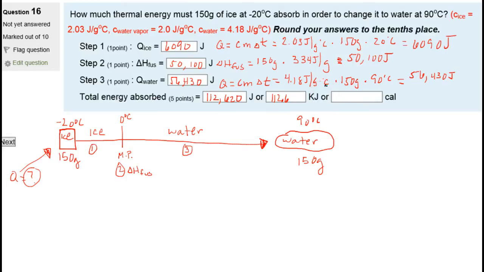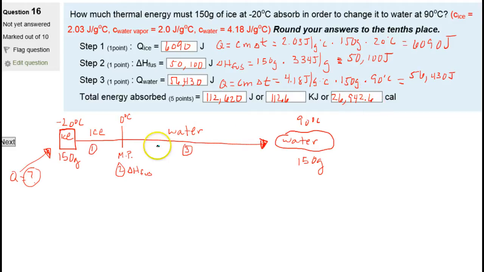And last but not least, if I want to figure out how many calories this is, I simply take the joules and divide it by 4.18, and I will end up with my answer. Looks like it's about 26,942.6 calories.